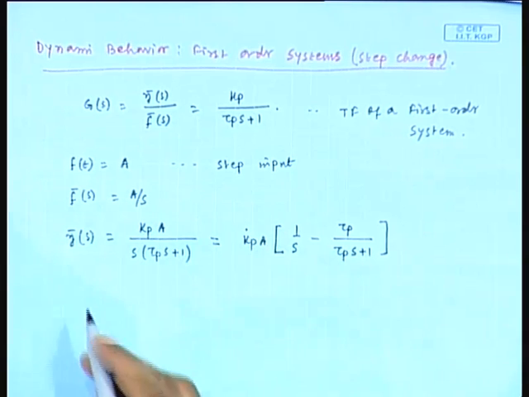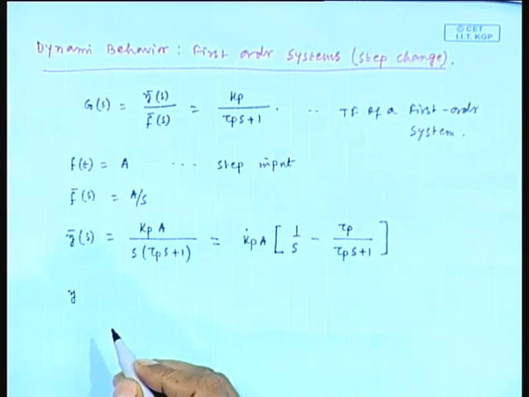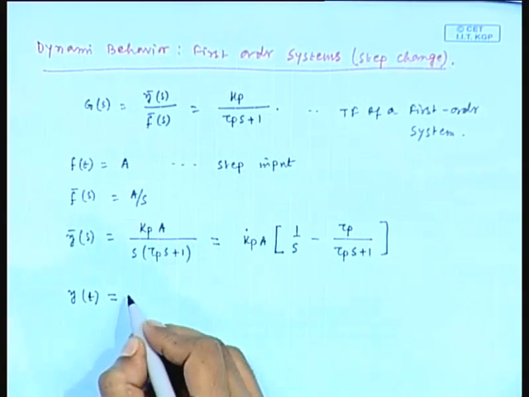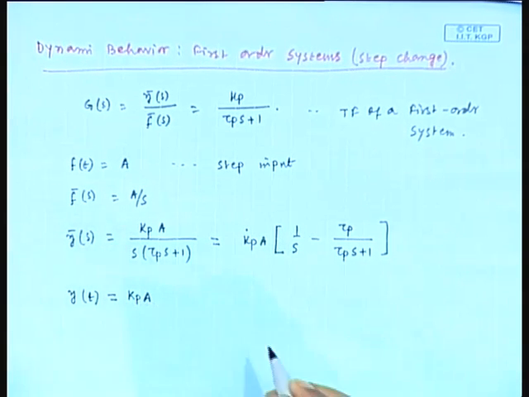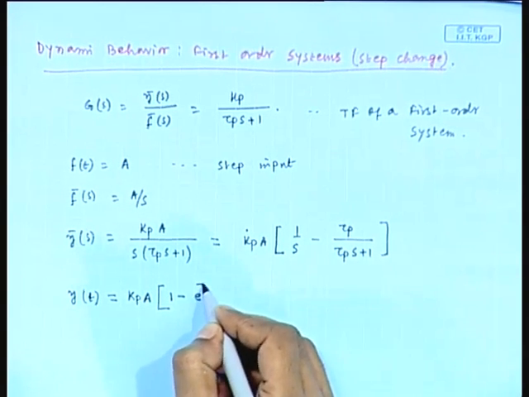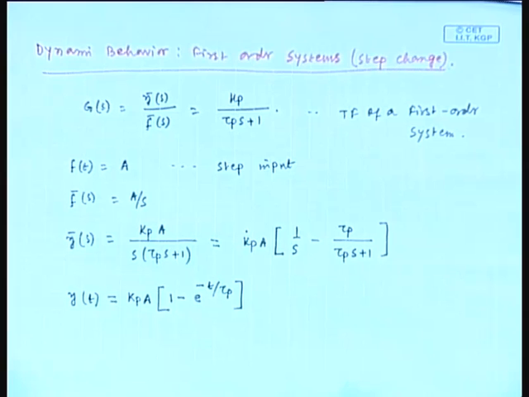Fine. Taking inverse of Laplace transform, we get the output y in time domain as Kp A [1 minus exponential of (minus t divided by tau p)]. Fine. This is the process output of a first order system subjected to step input in time domain.